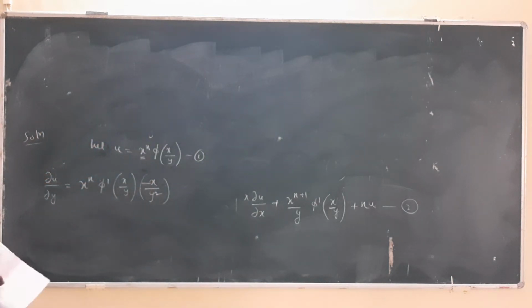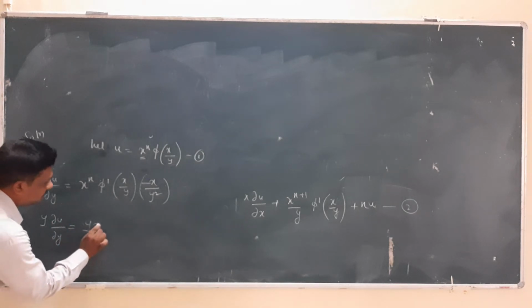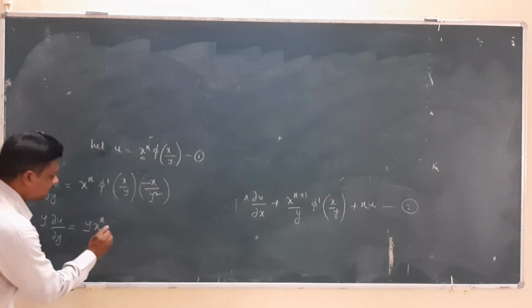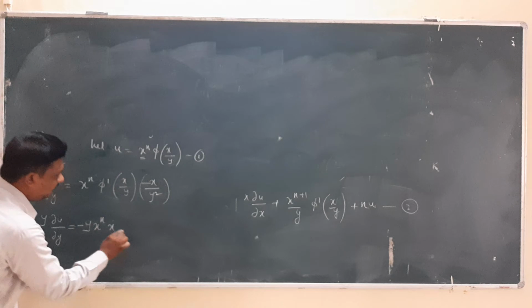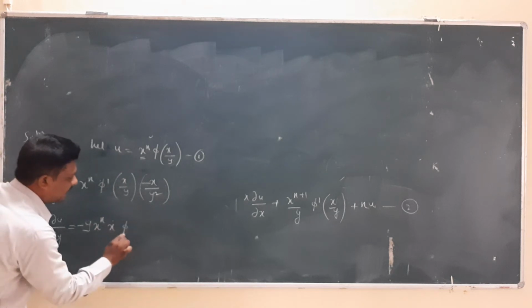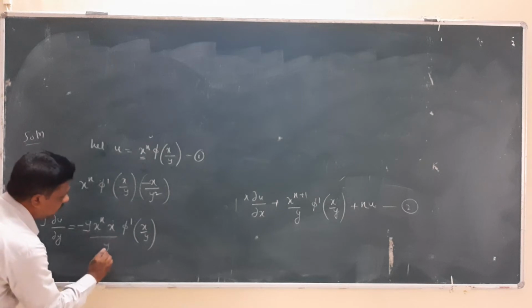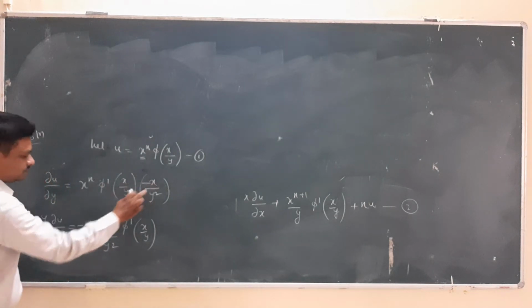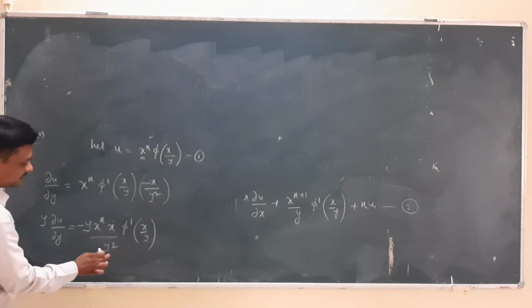Now I will multiply by y on both sides. y ∂u/∂y is equal to xⁿ, here also I will multiply by y, so this becomes minus xⁿ⁺¹ φ'(x/y) divided by y². So this is x and this is y², I have written it as it is.